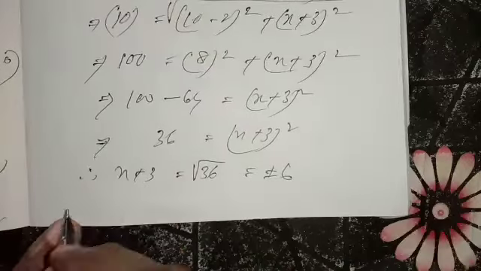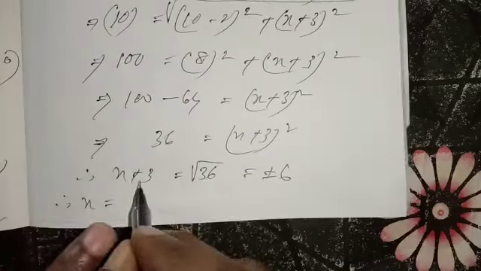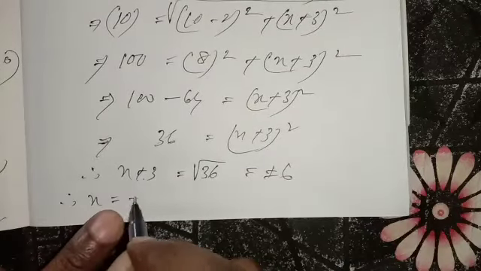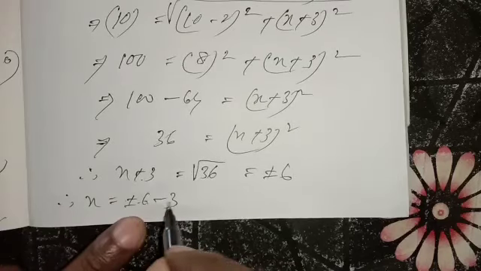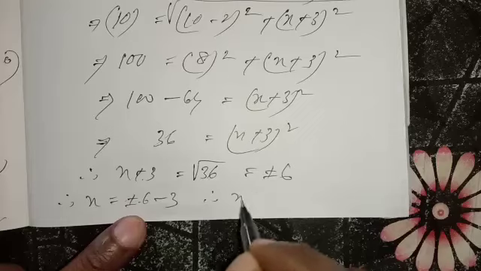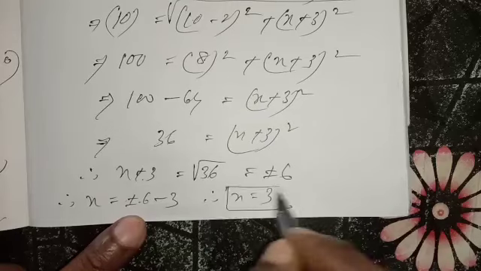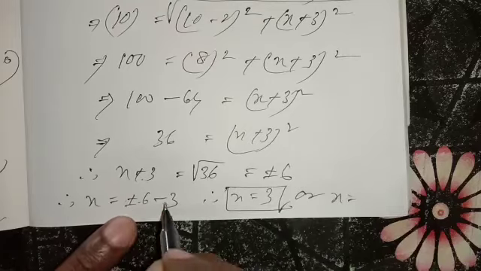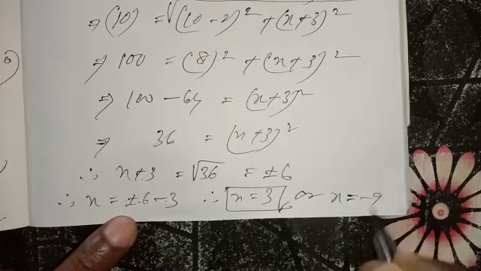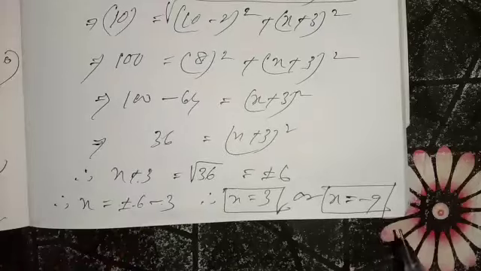Plus minus 6. Therefore x will be, taking the minus 3 to that side, plus minus 6 minus 3. That means if you take plus 6, the answer will be 6 minus 3, that is 3, or x is equal to, if I take minus 6 minus 3, this is minus 9. You are getting two options, 3 or minus 9.